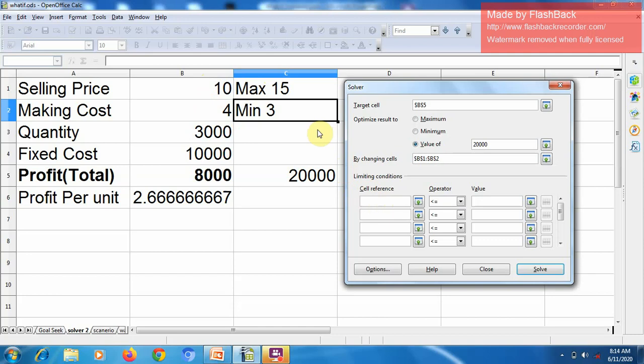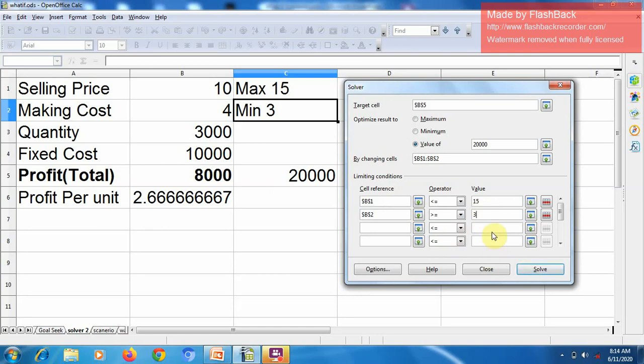We want selling price maximum 15, that means less than or equal to 15. Our second condition is we want cost price minimum 3, that means greater than or equal to 3.